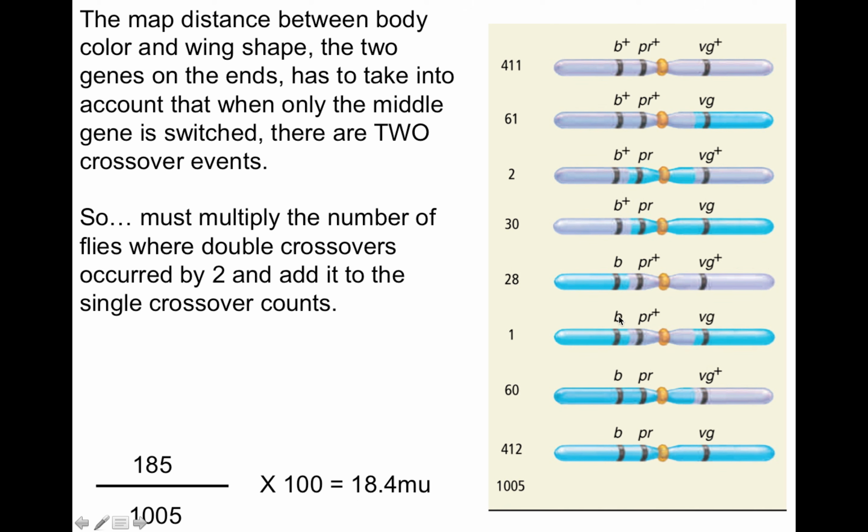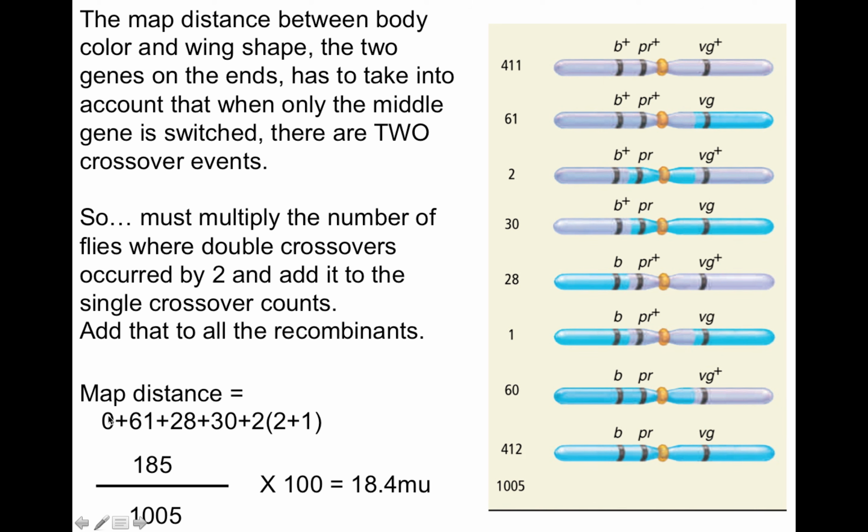So even though the recessive allele for body color and the recessive allele for wing shape was the same allelic combination as what we saw in the parental chromosome, because it has the wild type allele in between these 2 recessive alleles, we know that there have been 2 genetic recombination events. So we have to count these double. So we have to add those to all the recombinants.